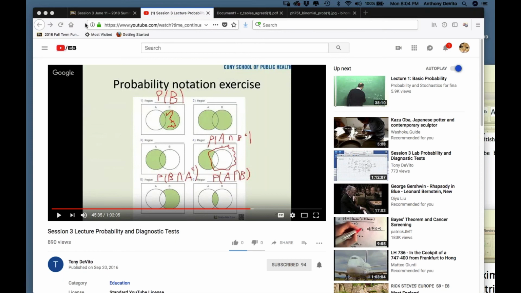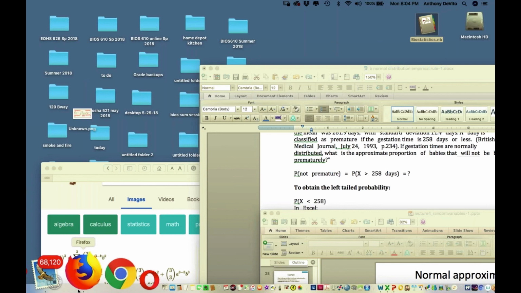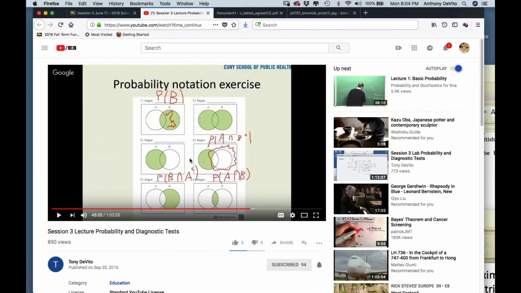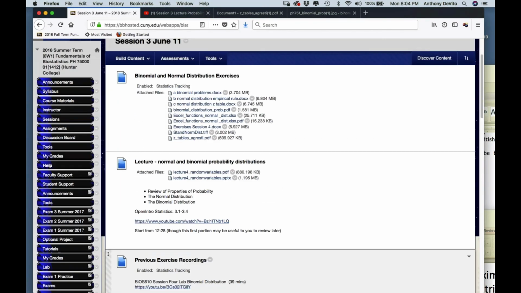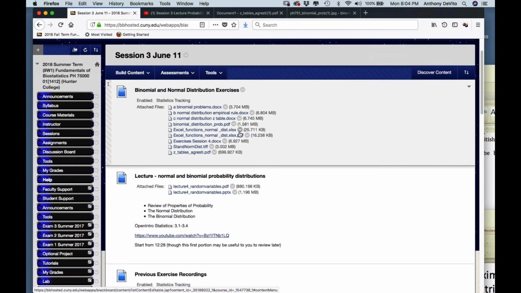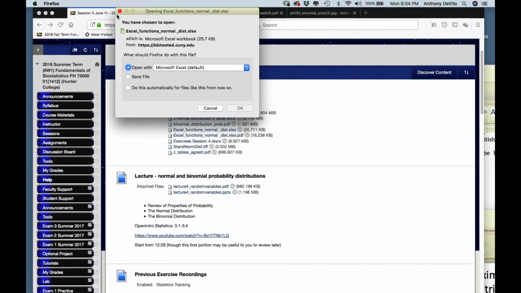Okay, so to finish up tonight, I want to show you that we can actually use Excel to do a lot of these calculations, as well as using the Z table that we have available to us. I put a couple of files on here, including this one.